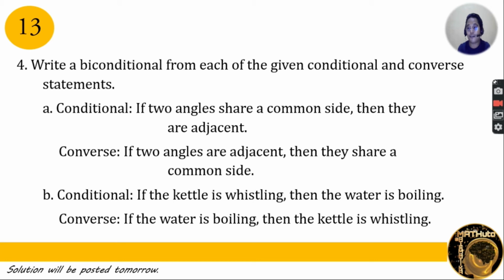Kung meron po tayong counter-example na maibibigay, so false po yung ating conditional statements. I-highlight ko lang po. False lamang po yung ating conditional statement kapag true yung ating hypothesis and false po yung ating conclusion. So, lahat na po ay true maliban doon sa condition na true yung hypothesis, false yung conclusion.